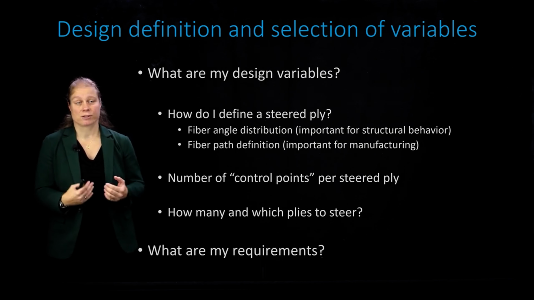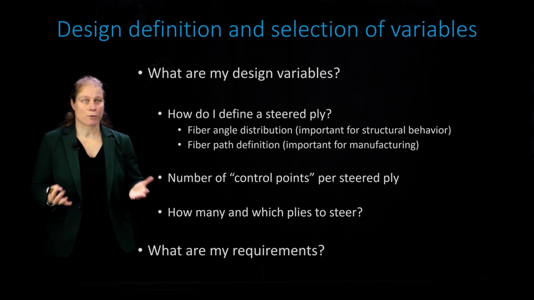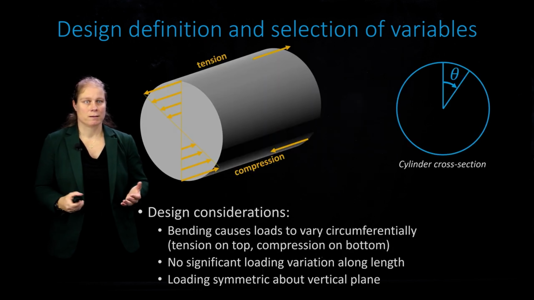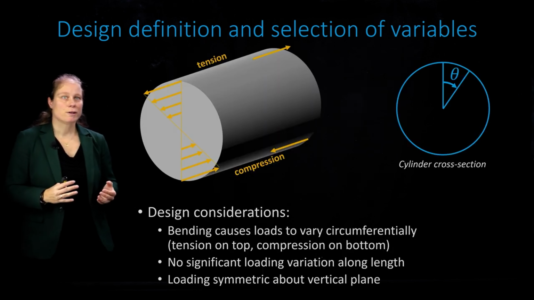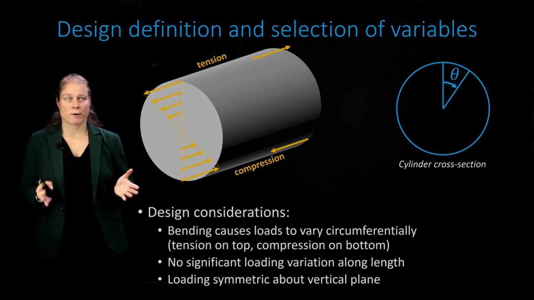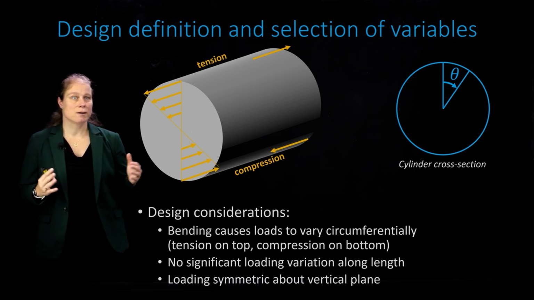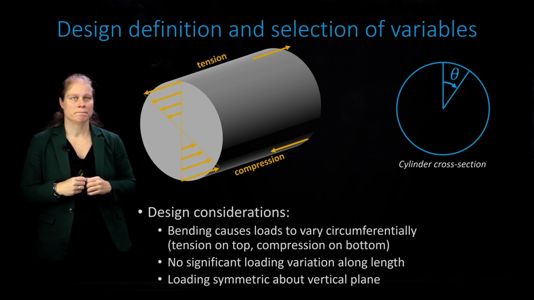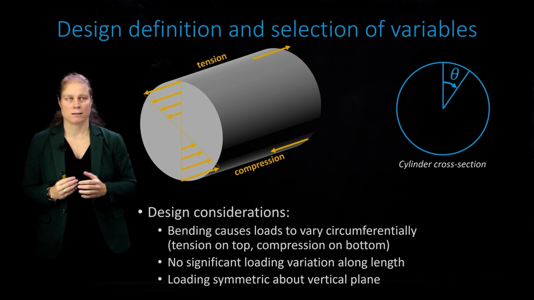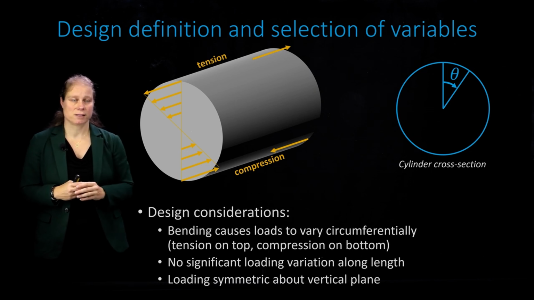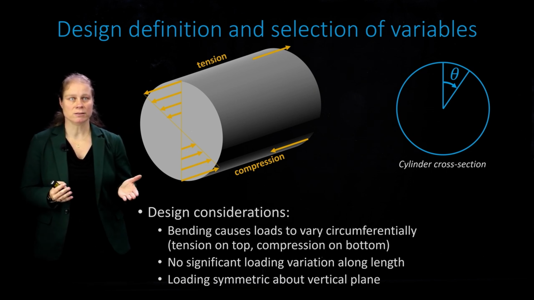So the first place to start is you ask yourself, what are my requirements? If we look at our requirements from a structural consideration, we have this cylinder in pure bending. In this case, that means the top is in tension and the bottom is in compression.